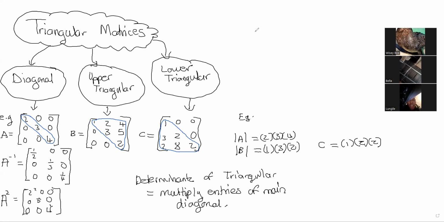Let's say we have D that is equal to 1, 0, 0, 2, 0, 0.